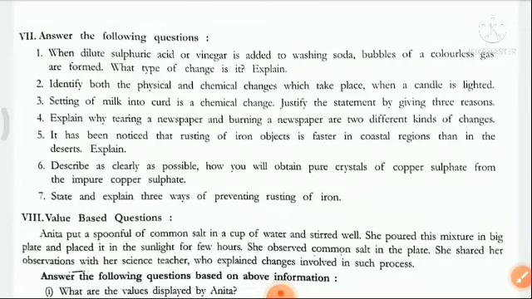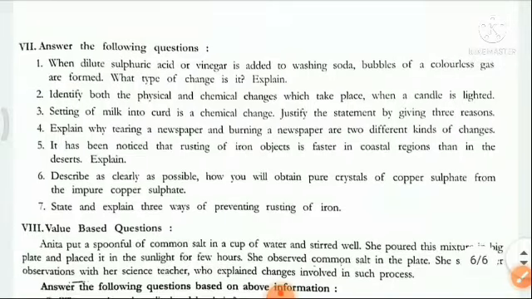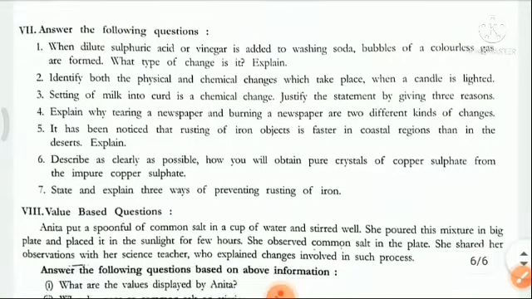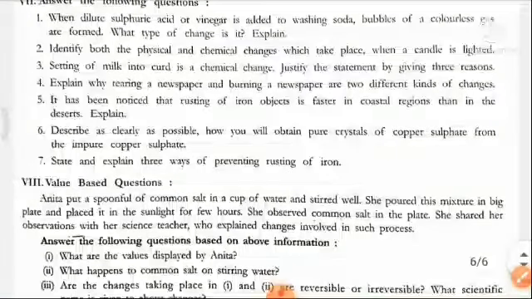During the burning of the candle, smoke is generated, and smoke is a mixture of different gases like carbon dioxide. So the physical change is the melting of the wax of the candle, and the chemical change is the burning, which is generating smoke.